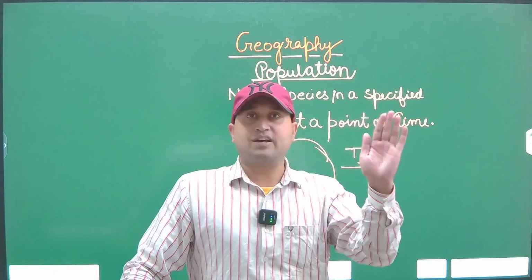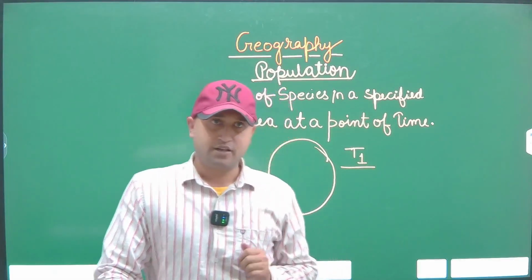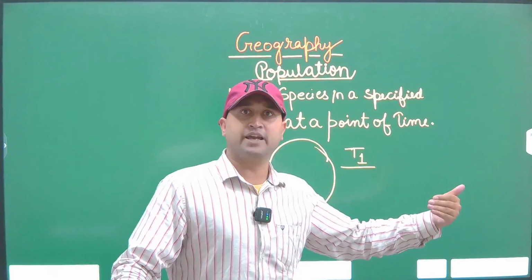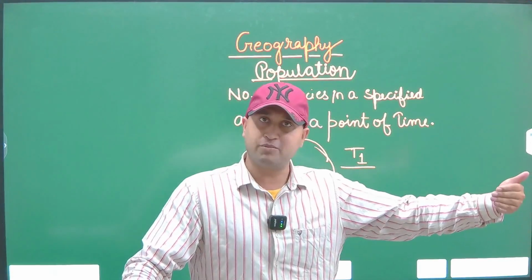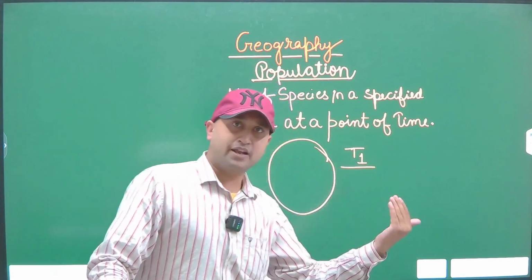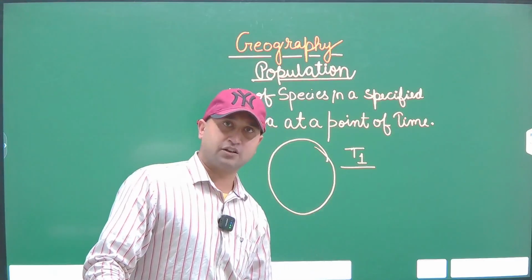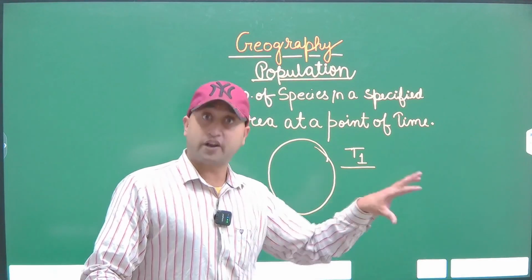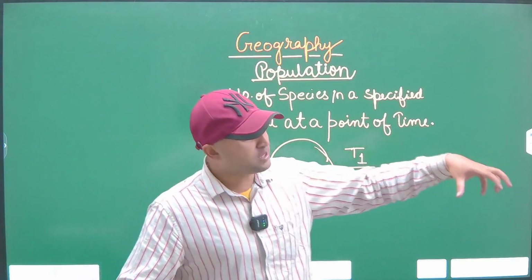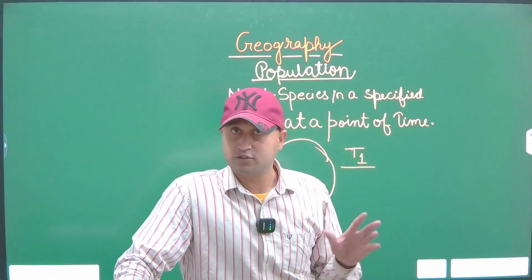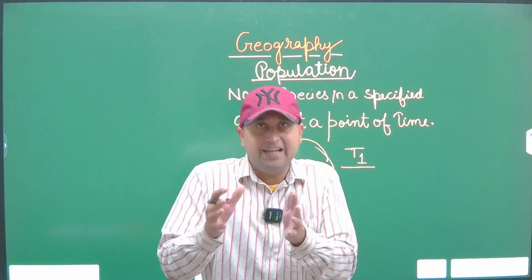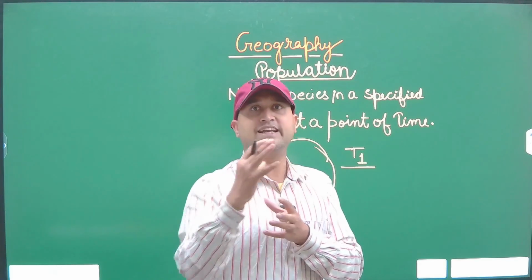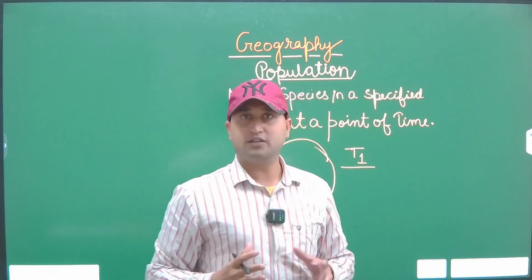For example, XYZ is the human population. Out of that XYZ population, this much is the number of males, this much is the number of females. Out of that, this much is the population of children, this much is the population of youths, the working population, and this much is the population of old ages. So population typically means the number of species in a specified area at a point of time.